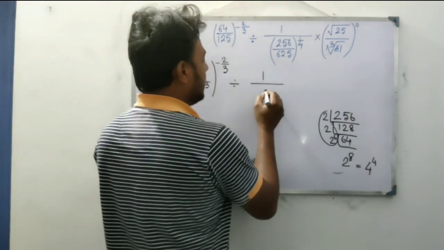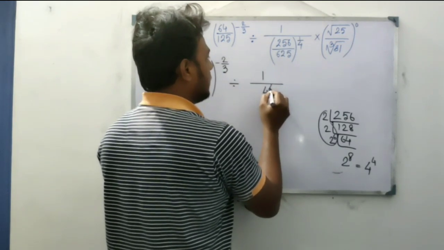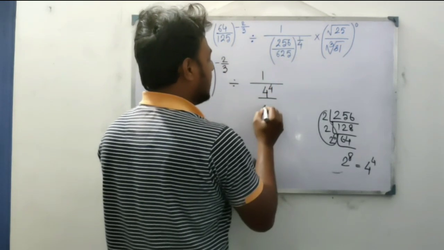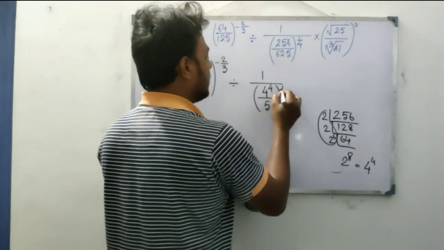So 1 by, in the place of 256 we will write 4 to the power 4 by, this can be written as 5 to the power 4. And the whole power is 1 by 4 as given.